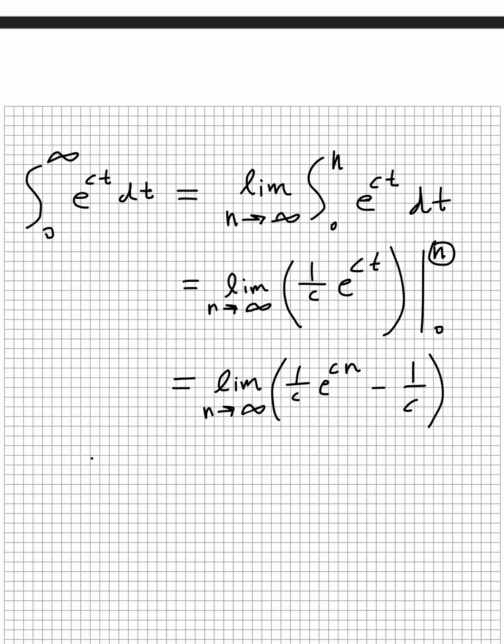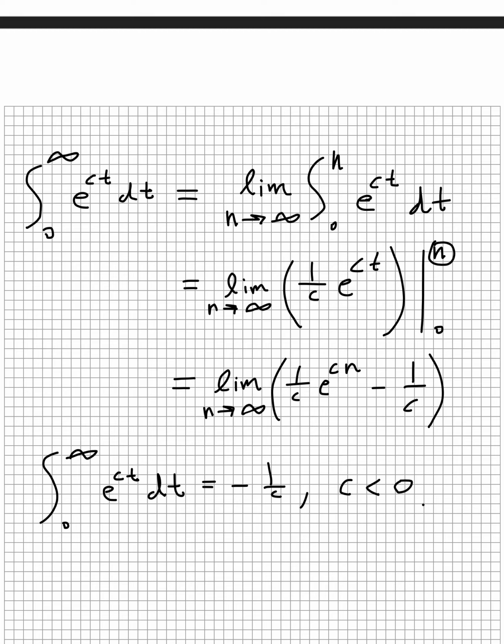So the integral from 0 to infinity of e to the ct dt is going to equal minus 1 over c, provided that c is less than 0.